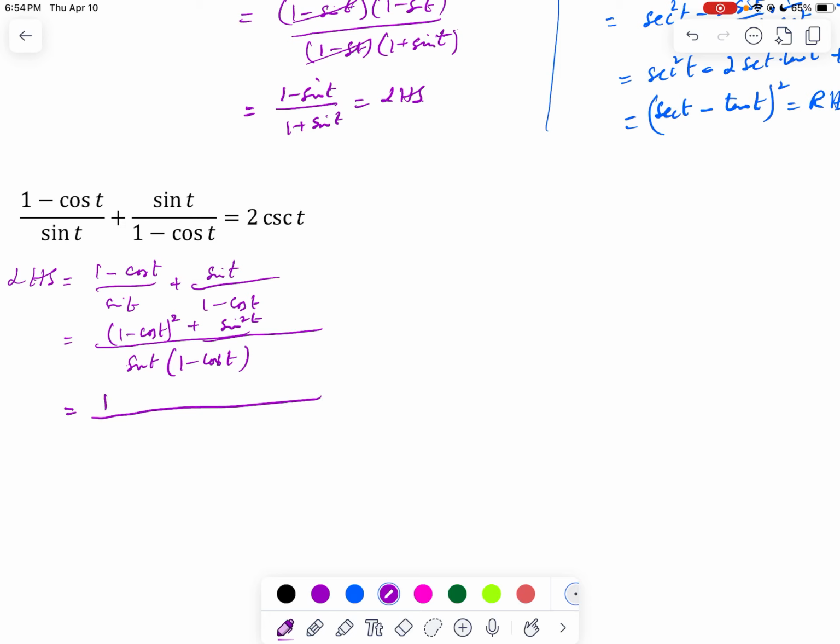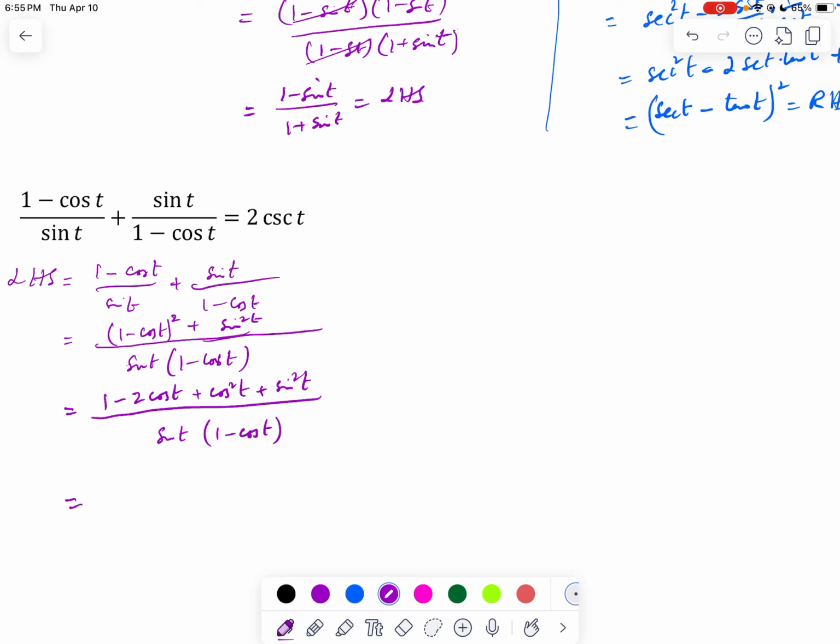In the top I get 1 minus 2 cosine t plus cosine square t plus sine square t. And the bottom is sine of t times 1 minus cosine of t.